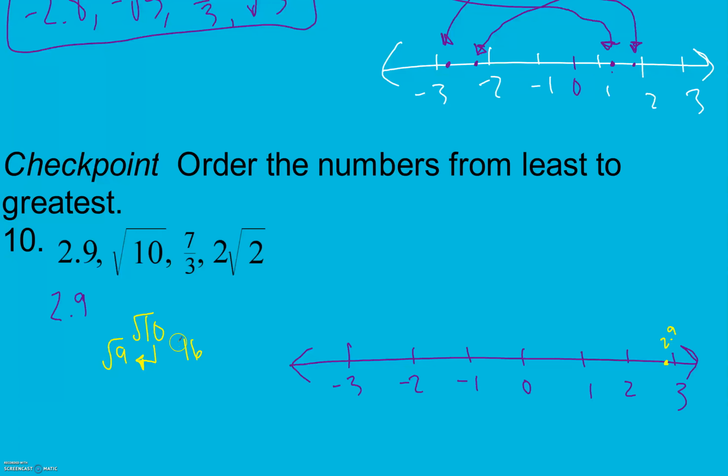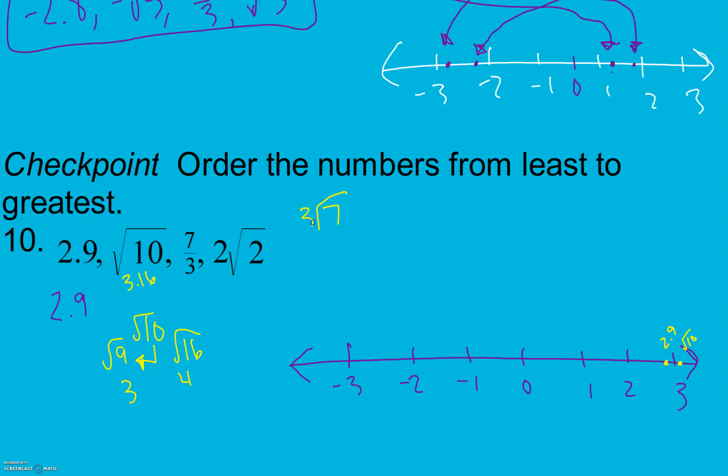So when we take the square roots, it's going to be close to 3, but it's a little bit past 3 because it's in between 3 and 4. Here, square root of 10. If we type that in our calculator to get an approximate value, we get 3.16.